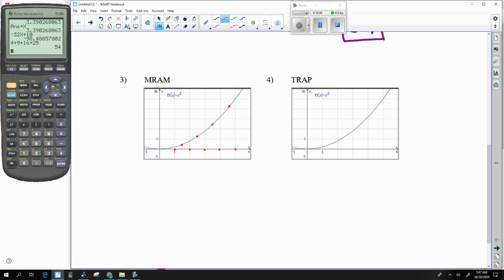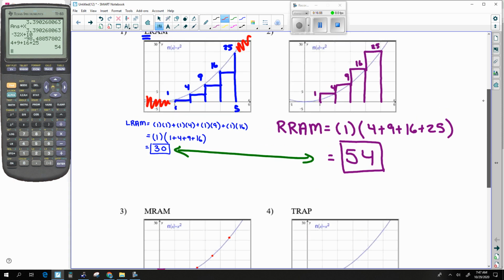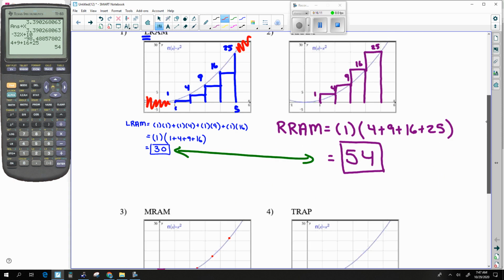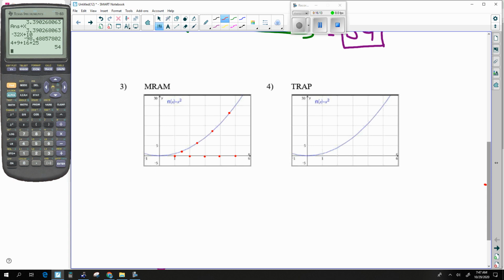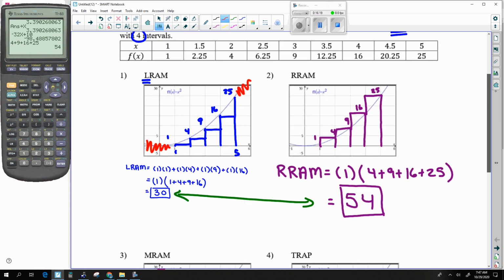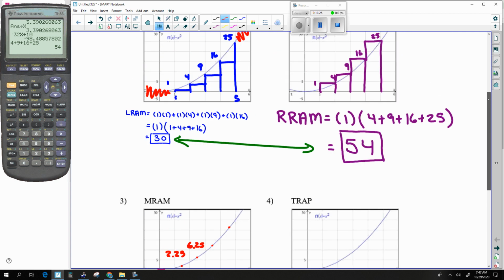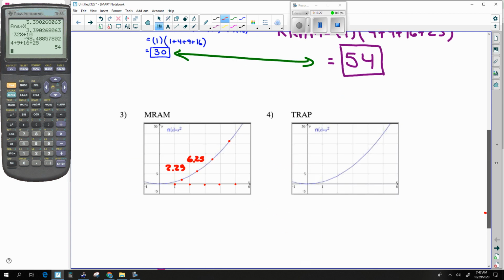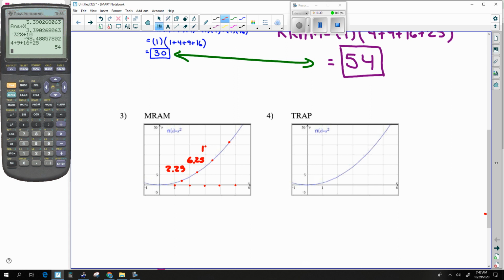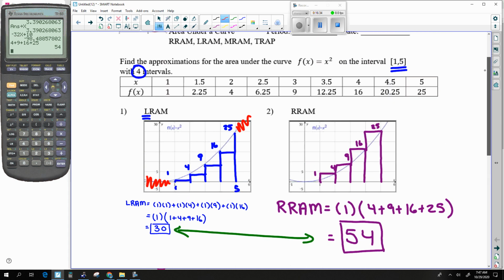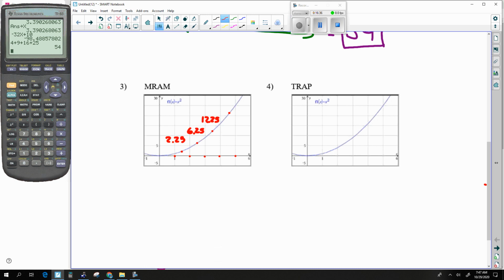So if you look up to the table, I believe those values are given. So 1.5 has a height of 2.25, 2.5 has 6.25, 3.5, 12.25, 4.5, 20.25.